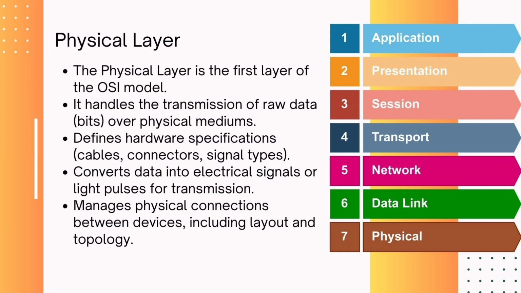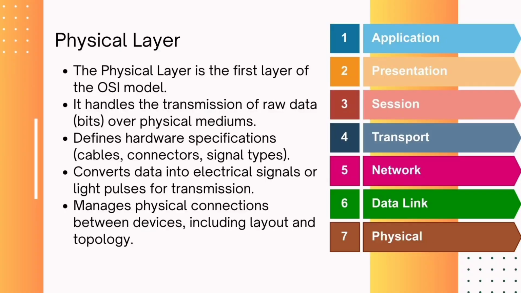All sorts of transmission media, whether it is twisted pair cable, coaxial cable, fiber optic cable, electromagnetic waves, or radio waves, all come under the physical layer, and the physical layer is responsible for transporting data on these communication media.